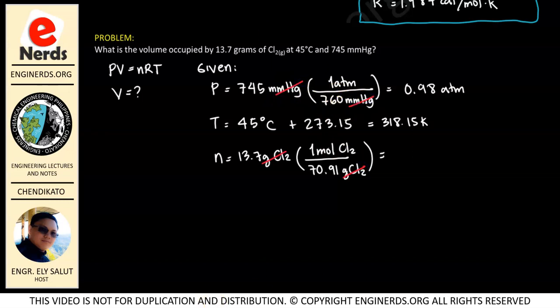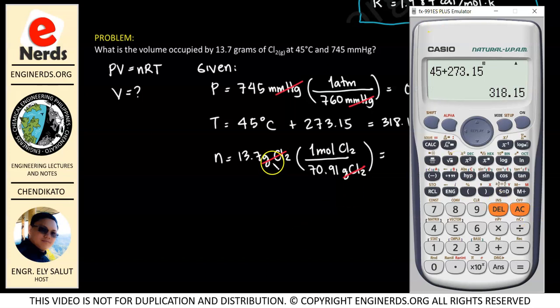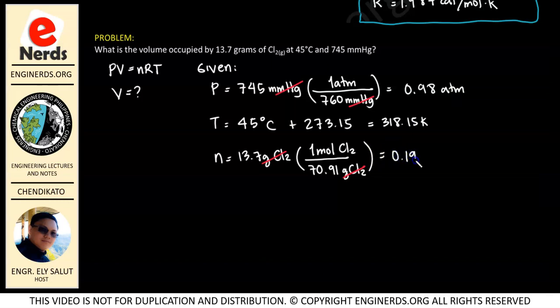Okay, so now let us check. We have 13.7 divided by 70.91. We have 0.1932. So 0.1932 moles of Cl2.